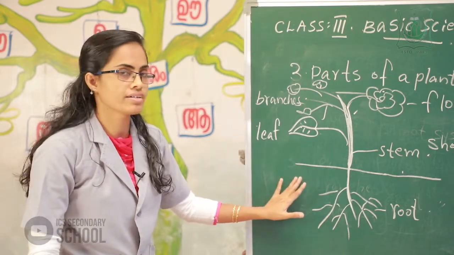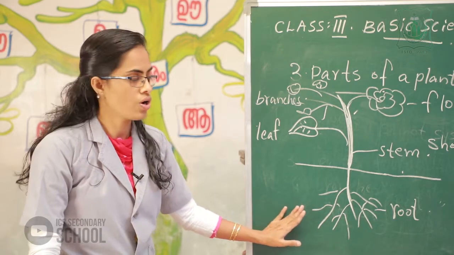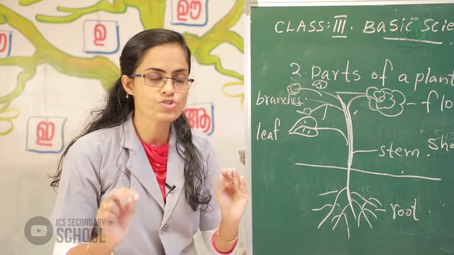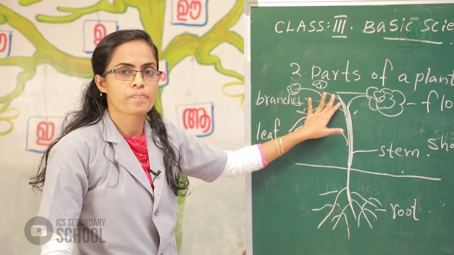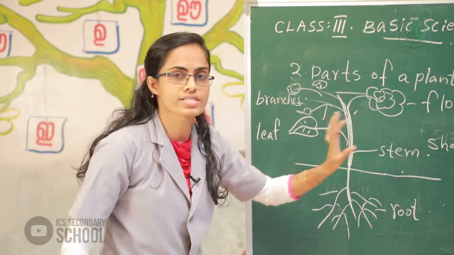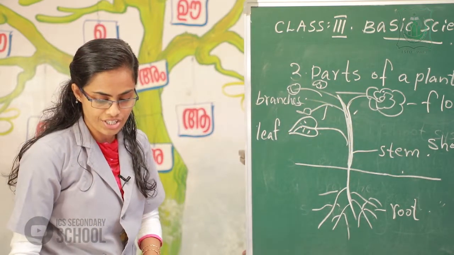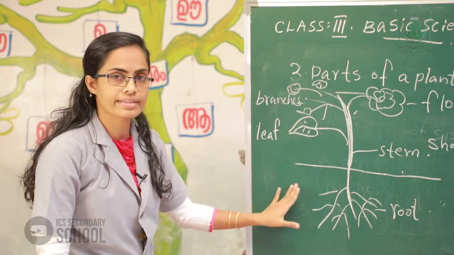Please listen here. The part of the plant which grows above the soil, that is shoot system. First you look at this.